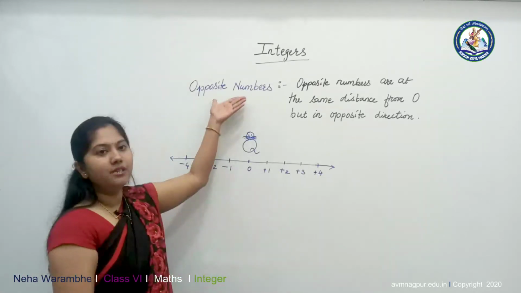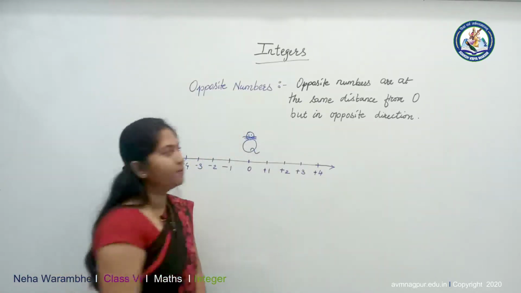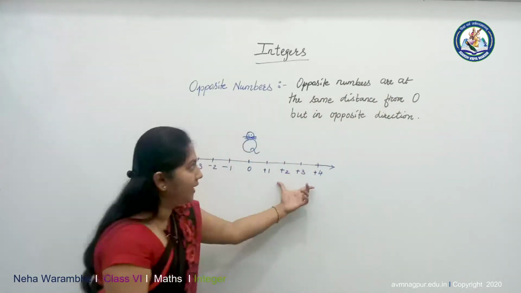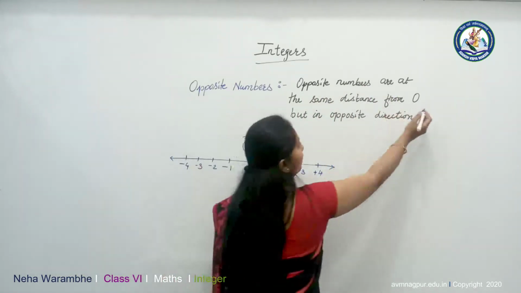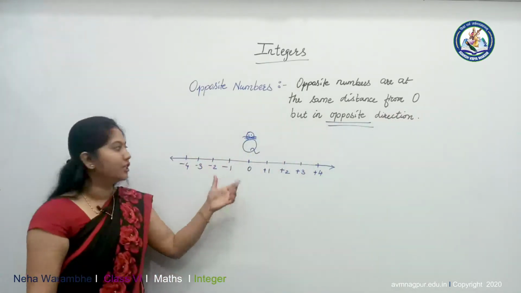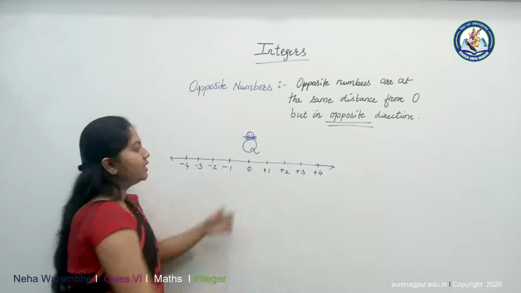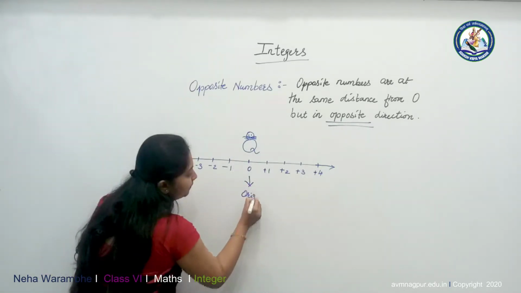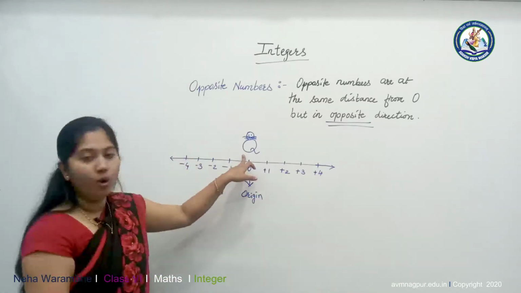The next topic is opposite numbers. Opposite numbers are at the same distance from 0 but in opposite directions. Initially this cat is at the origin. This 0 is called the origin.